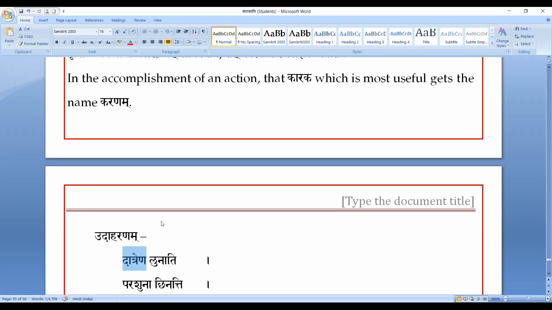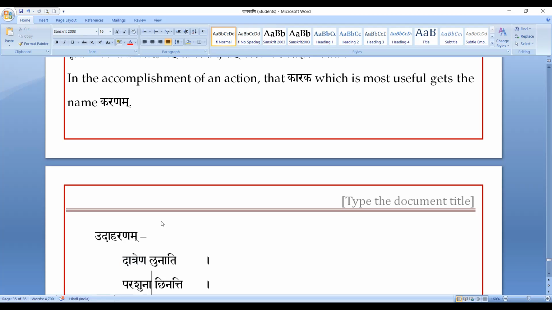If you see it as a Karana, and if you assign Pratama Vibhakti to that, then it is Ukta Karana, Parashuhu chinati, we can say. So here it is Anukta, therefore Tritiya Vibhakti. By default, always we are talking about Anukta; except Karta, everything is Anukta. Therefore, only Karta Pratama Vibhakti, Karma Dvitiya, Karana Tritiya. So here Karana is in Tritiya.